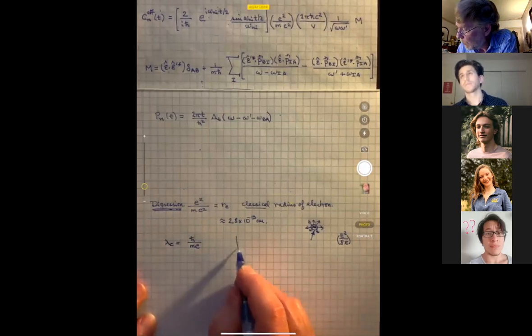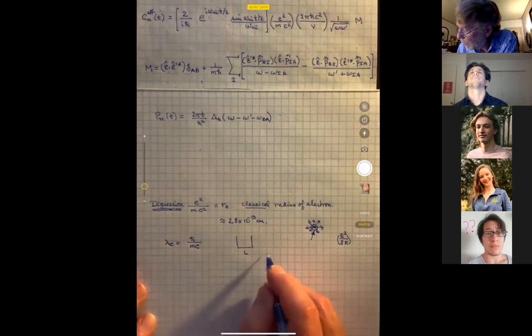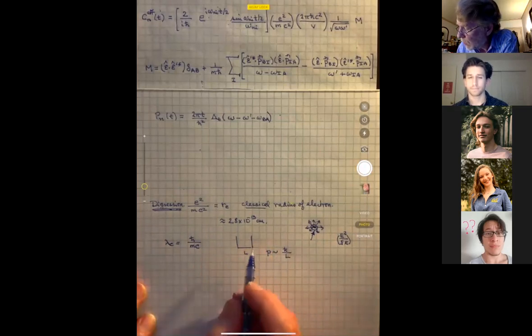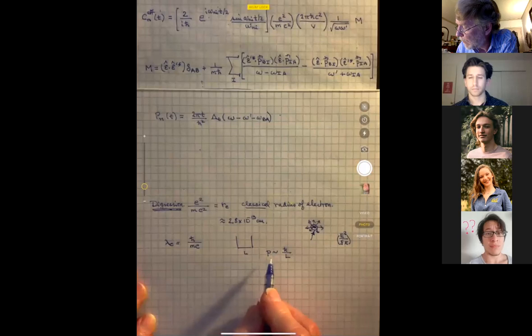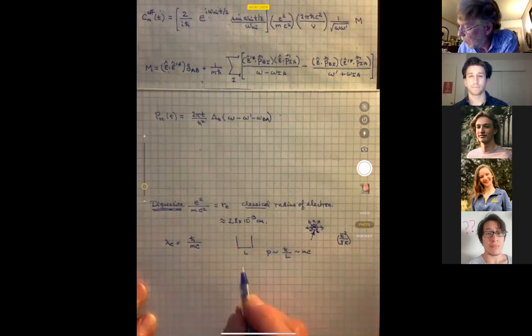To remind you, if you have an electron, or a particle, and you confine it to a box of size L, then of course it acquires a momentum of the order of h bar divided by L, by the uncertainty principle. If you make the size L smaller by squishing the walls of the box in, you can force the momentum up, and you can make it as high as you want. You can even make it relativistic. In fact, when p becomes of order mc, you've achieved relativistic momenta just by the uncertainty principle.